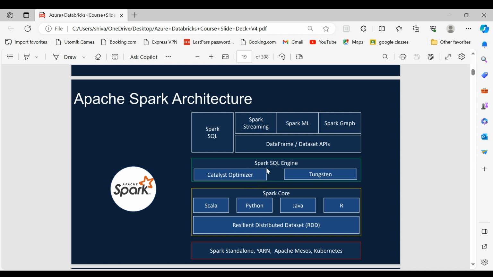It includes the Catalyst optimizer and Tungsten. The Catalyst optimizer takes care of converting a computational query to a highly efficient execution plan. The Tungsten project takes responsibility for memory management and CPU efficiency.